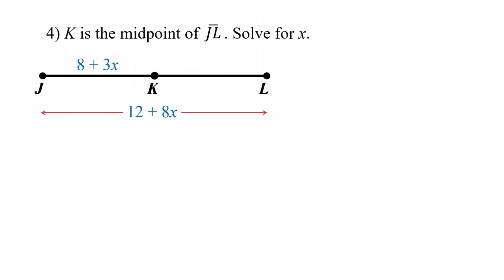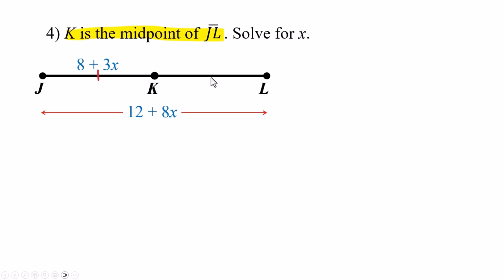This one's a little tricky, but if you think you can do it, pause and give it a go. K is the midpoint of JL. You have to be told that. So once we know that these two pieces are equal to each other, and the whole thing now is 12 plus 8x. There's probably more than one way to do this. The way I'm going to do it is I'm going to try to point out the obvious.